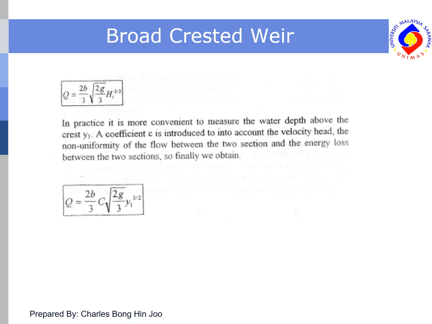The general form of this equation, which includes the coefficient of discharge C, is given as Q equal to 2B, where B is the width of the broad-crested weir, divided by 3, multiplied by C, the coefficient of discharge, multiplied by square root of 2g divided by 3, multiplied by y1, which is the flow depth at the initial section, section 1, to the power of 3 over 2.